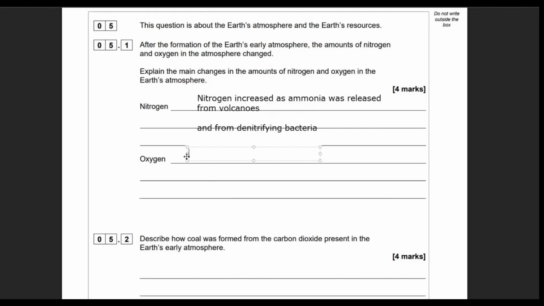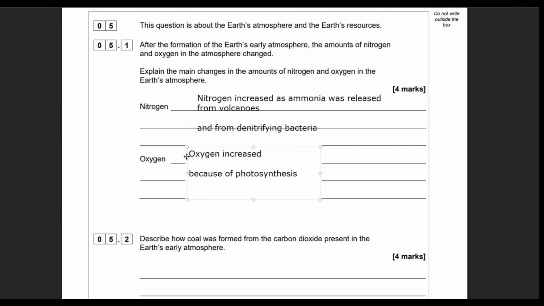So let's put that down: oxygen increased because of photosynthesis by green plants and algae. There we go, 4 marks: one for saying the gas increased, one for the explanation how.